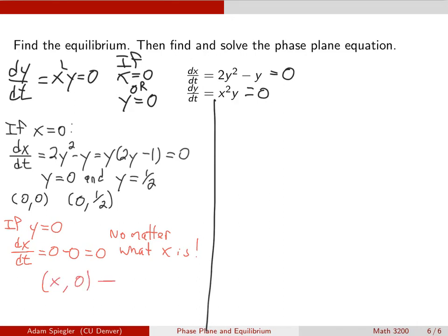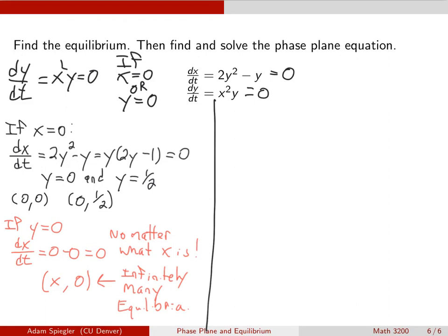So any point of the form (x, 0), every point on the x-axis, is going to be in equilibrium. And so notice we have infinitely many equilibria for this differential equation. So we don't have to only get one equilibrium.